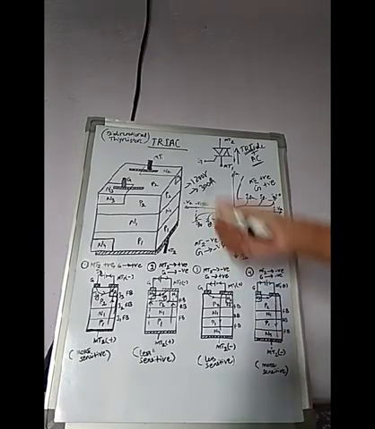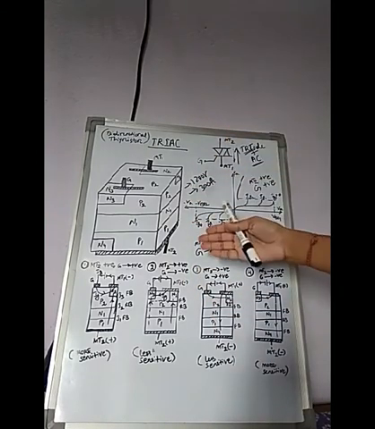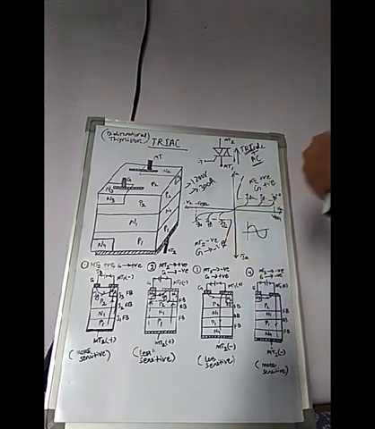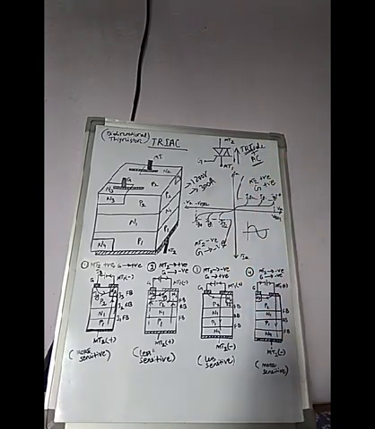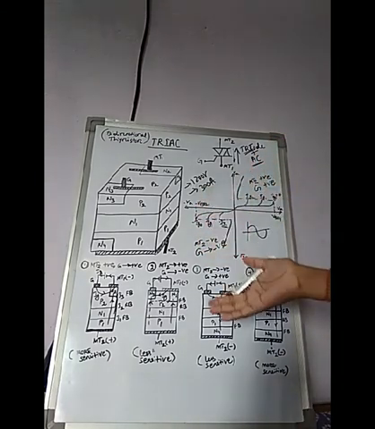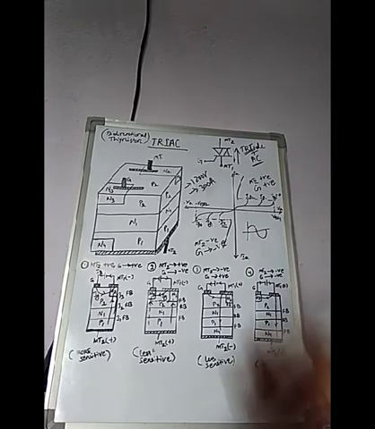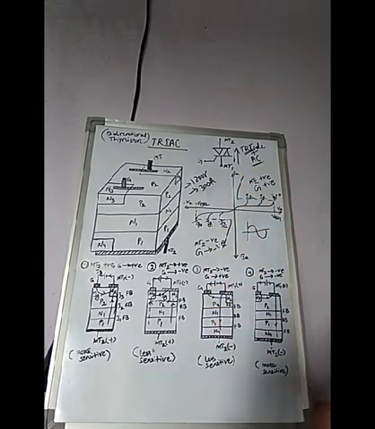But the triac has bidirectional characteristics, that means it can conduct in both directions, but sometimes the triac may operate in rectifier mode also. So let's see for which reason this rectifier mode operation occurs in case of triac.